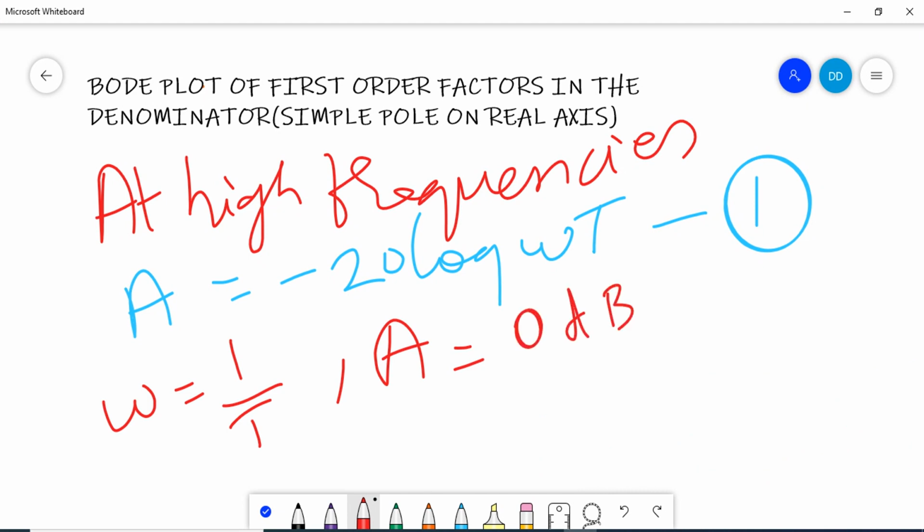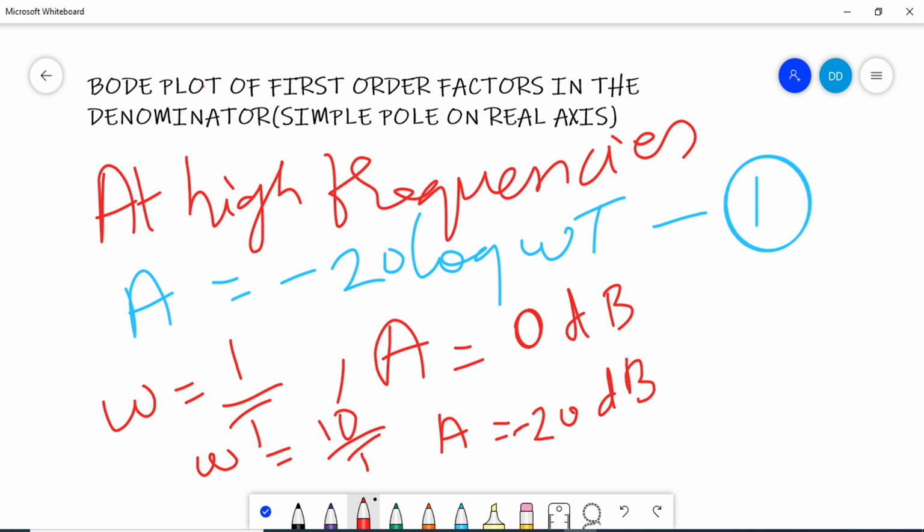If we consider omega is equal to 10 by T, that means you increase it by 10 times, then it becomes minus 20 log 10. So magnitude A becomes minus 20 decibels.